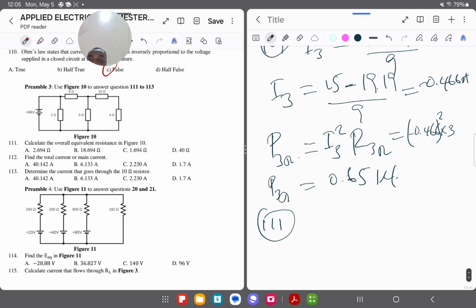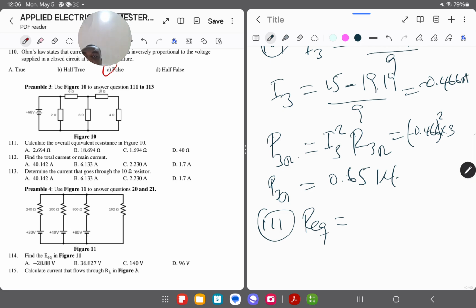So this figure, I'm not going to sketch this, okay? So for me not to sketch this, we calculate the equivalent resistance straightforwardly. So here the overall equivalent resistance will be equal to, if you look at the circuit diagram, we start at the resistors at the right-hand side of the voltage source.